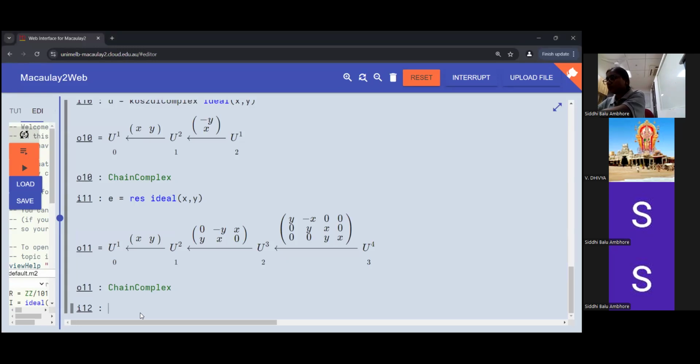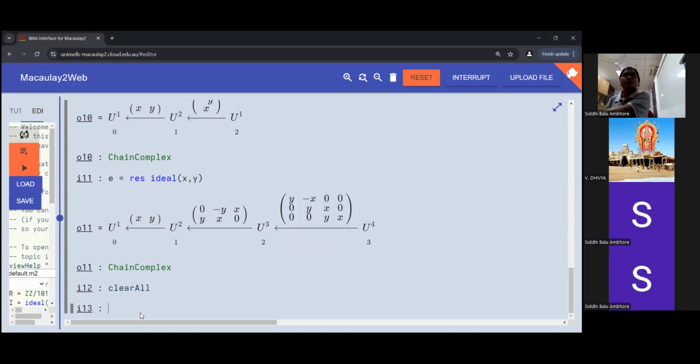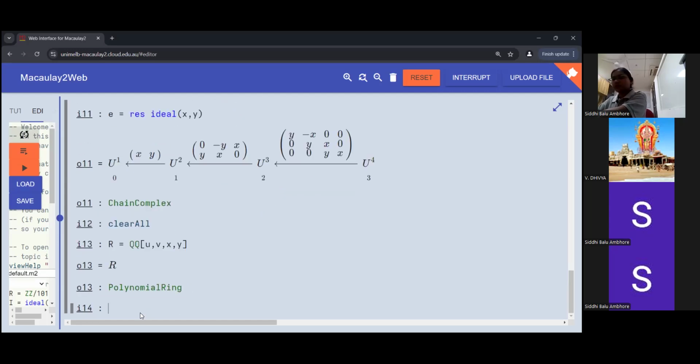So again, we will clear everything. And what is the question? R is K[U, V, X, Y], and we have to find a minimal presentation. So let M be the matrix.